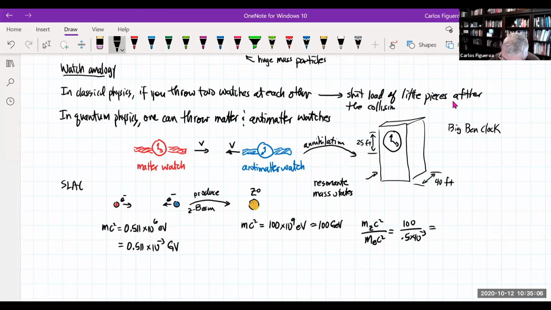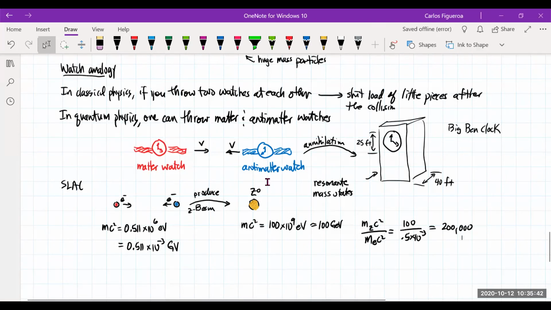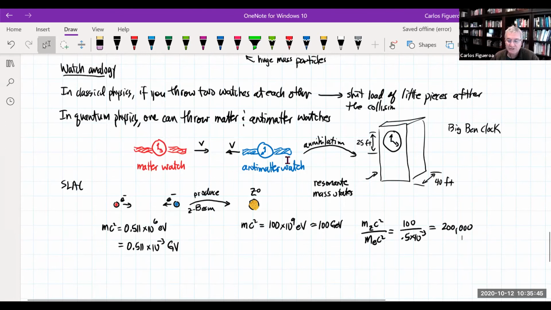The Z boson is more massive by 200,000 times. So these little tiny electrons can produce something when they collide that's 200,000 times more massive. And when we say massive, we don't mean like we put it on a weight scale; its energy content differs by 200,000 times. That's how I can take two quantum watches and produce a Big Ben clock. It's a really radical thing here.